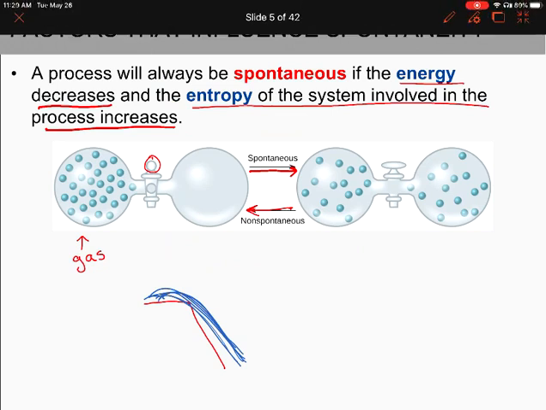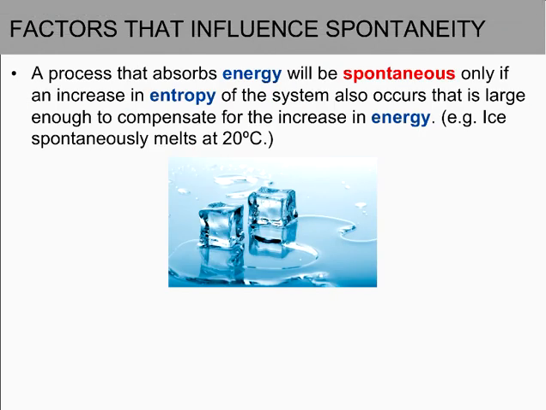All right, so there are some factors that influence whether something is spontaneous or non-spontaneous. So a process that absorbs energy, so an endothermic process, kind of like the melting of ice, will be spontaneous only if an increase in entropy of the system also occurs.